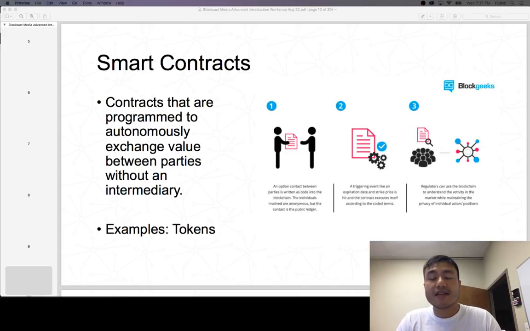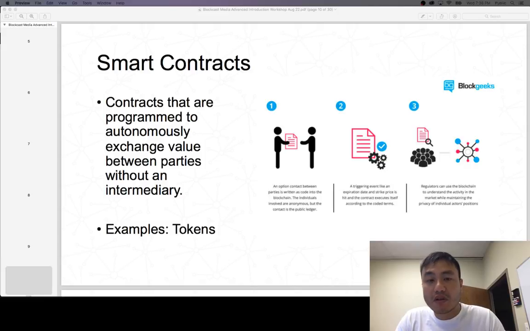That is a very simple smart contract. But what it does is it allows you to agree upon coded contracts that don't require a third party intermediary, like a lawyer or an escrow, to be able to execute these contracts. So that's sort of the 2.0 of what a blockchain can do.